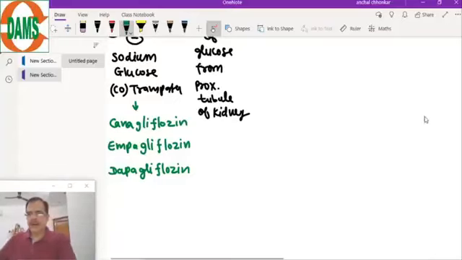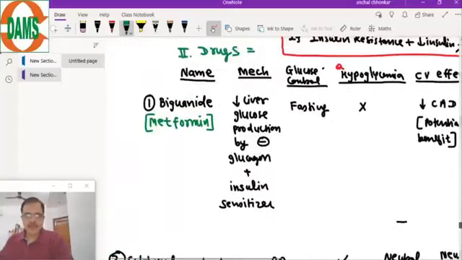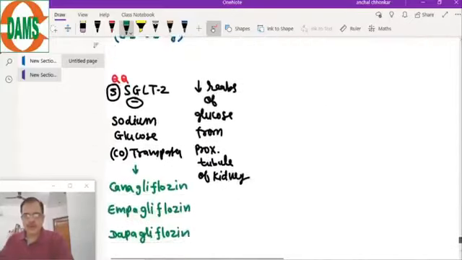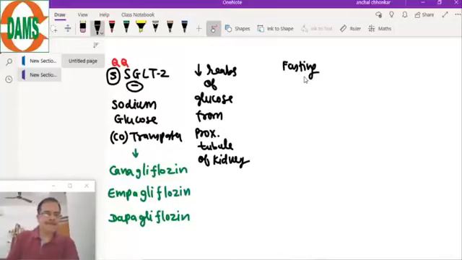Now, the third was glucose control and hypoglycemia. For glucose control, SGLT2 inhibitors basically control the fasting sugar values because they are long acting drugs, working maybe during the night time also.